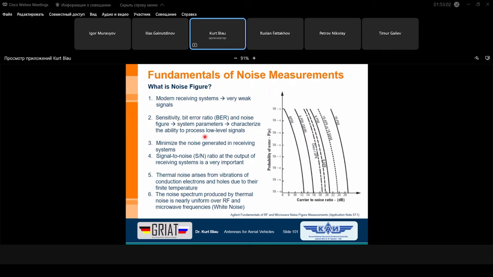It's the final point, and then I will come to the problems regarding the antenna, why an antenna also has to consider noise. We can say in principle, yes, the antenna itself can produce noise inside.